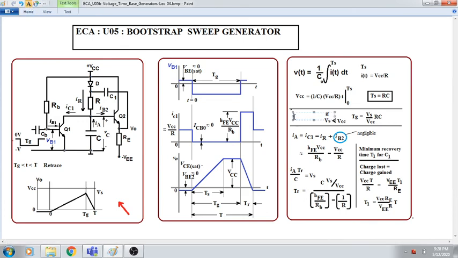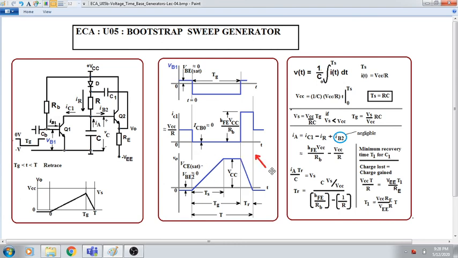So VS is equal to VCC into TG divided by RC. And the only thing is here we have to put one line. We will put a line and end the lecture for today, just to make it complete so that you don't wonder what we kept here. So VCC by RC into TG whenever VS is less than VC.